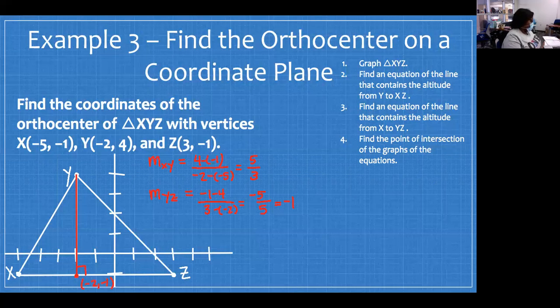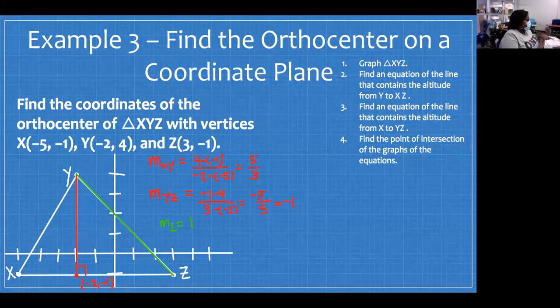So the slope of yz, let's switch it up a little bit. The slope of yz, ooh, that's bad. This slope is -1, right? So the line that is perpendicular has to be what? The opposite of -1 is 1. The reciprocal of -1 is, or the reciprocal of 1 is 1.